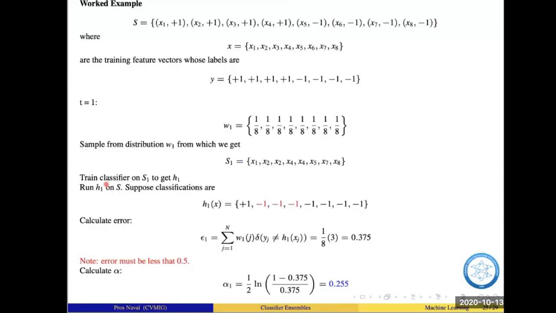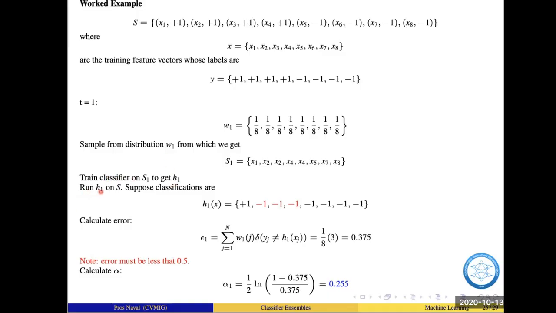We train a classifier. You choose your own classifier, a decision tree, it doesn't matter for now, as long as it's a weak learner. So you train your weak learner inducer to produce classifier H1.